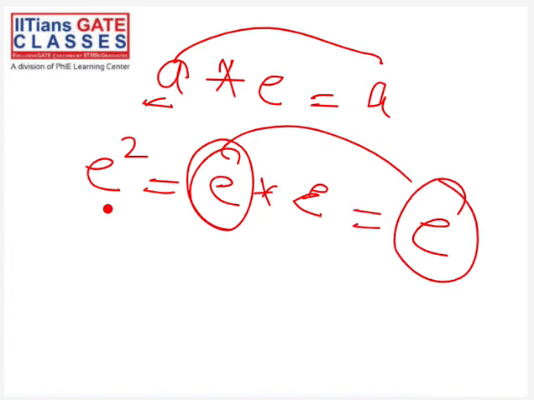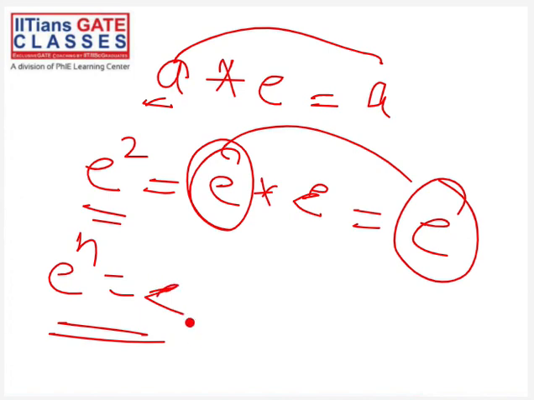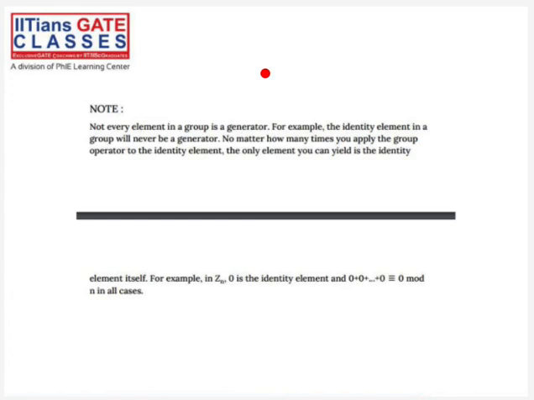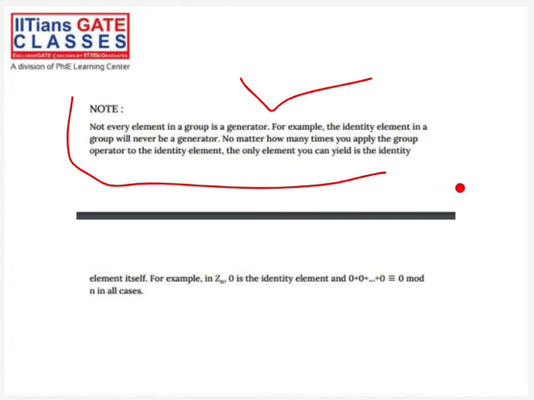So the identity element can only generate the identity element. It can never generate any other element, because e power n is always equal to e. I have given this in the note as well: the identity element can never be the generator.